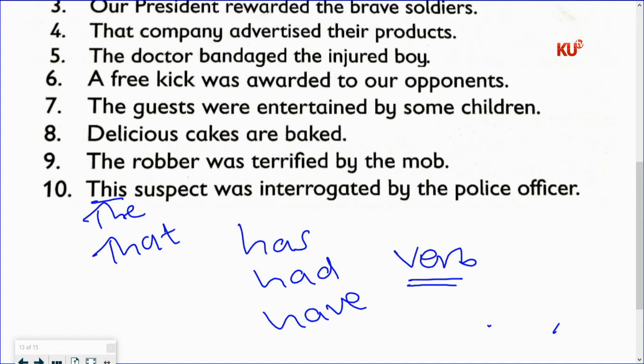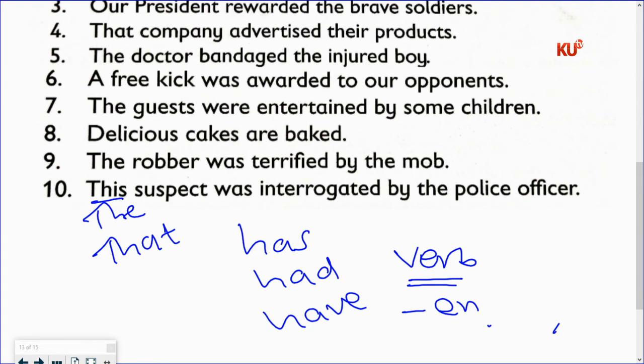But some other verbs like eat, in past, ate. But in participle, eaten. So the suffix en there also will help you to know the verbs that are in participle form. So I know it's quite a large topic.